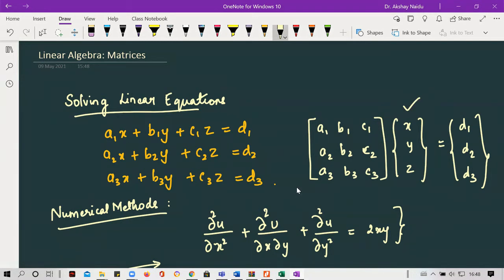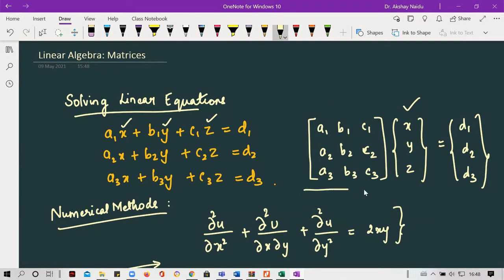There will be so many methods. We can do hand calculation if there are two unknowns. Simple hand calculation we can do. But for three unknowns x, y, and z, the calculation becomes tedious. Then what to speak of if there are 10 unknowns to deal with in a linear equation? Whereas by matrix methods, we can solve very, very easily.